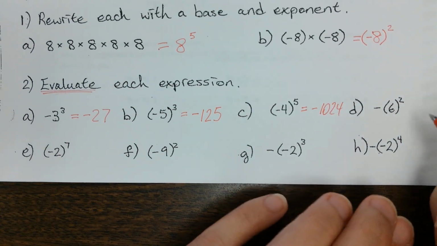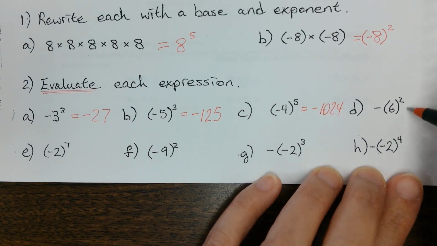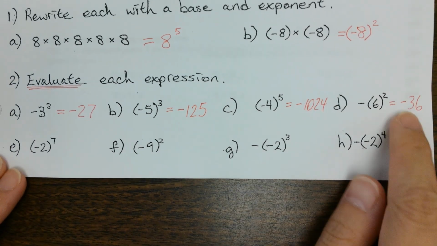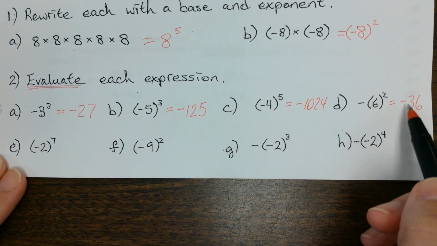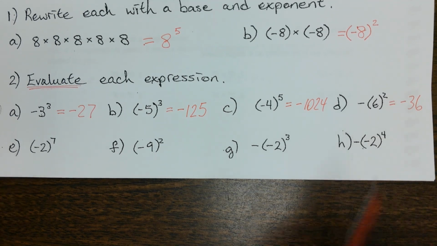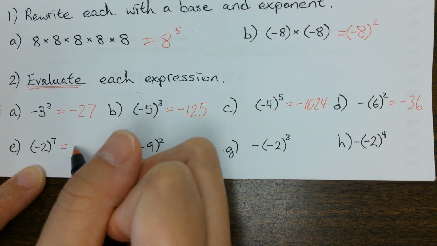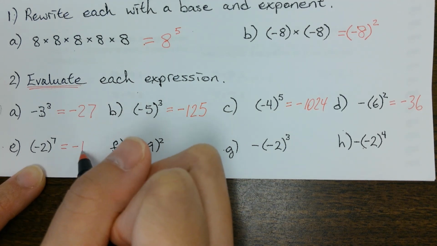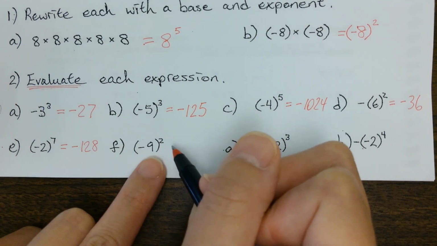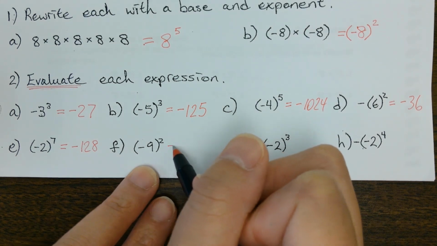Good. Brianna? Negative 36. Good. All right, and notice right here, it's negative because the negative sign is outside the bracket. Bella? Negative 128. Thank you. Cindy?